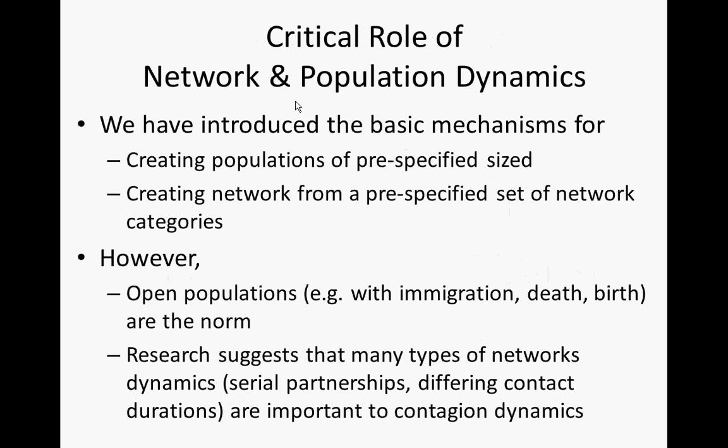Moreover, research suggests that many types of network dynamics, and I'd include here things like serial partnerships, differing contact durations, are important to contagion dynamics, to the spread of pathogen, and very likely to the spread of ideas, diffusion of innovations, etc.